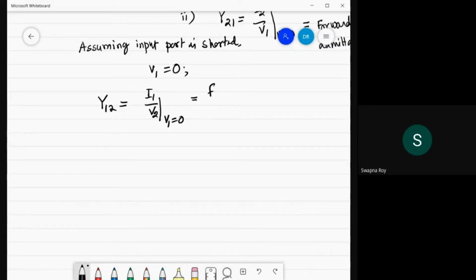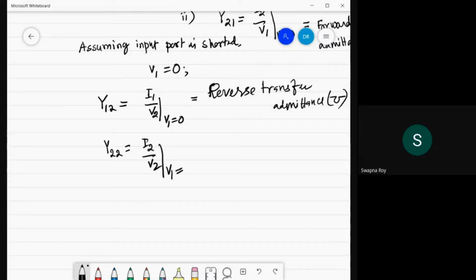Y12 is a reverse transfer admittance. Similarly, the unit is mho, and Y22 is equal to I2 by V2, when V1 is equal to 0, is known as output driving point admittance.